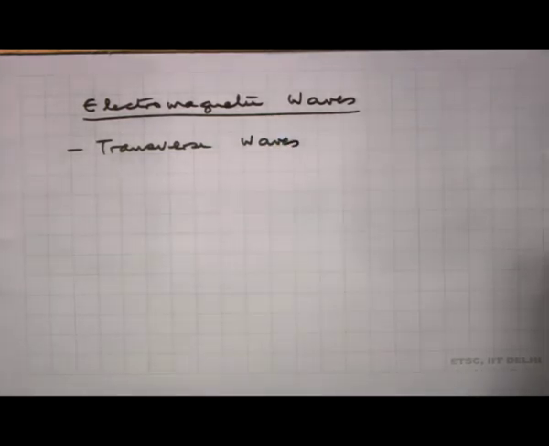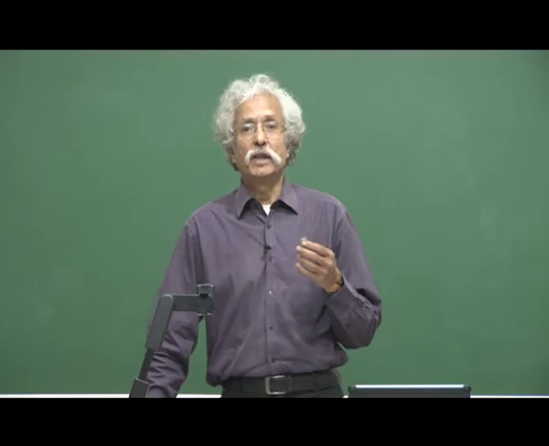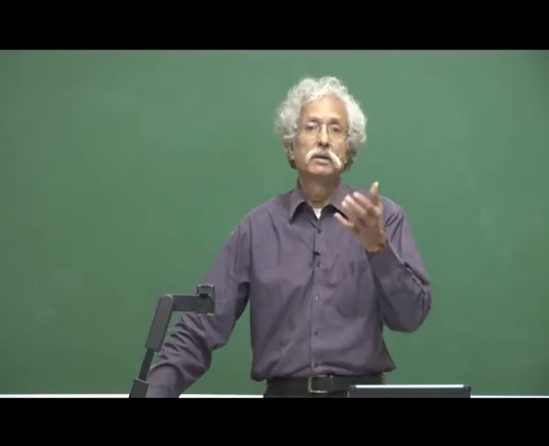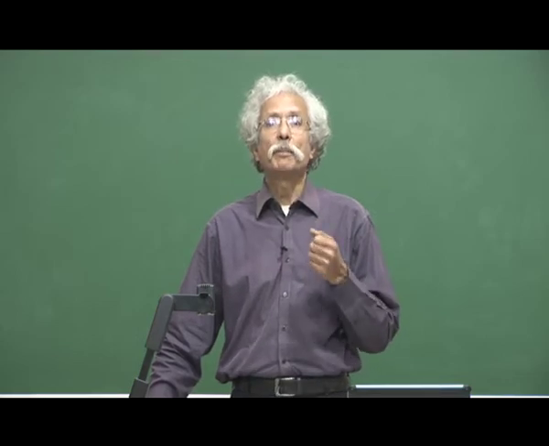Now, unlike waves on a string, which requires a string for propagation of the wave, or sound waves where you need gas or some kind of a medium in which you have to propagate, electromagnetic waves can propagate in free space.